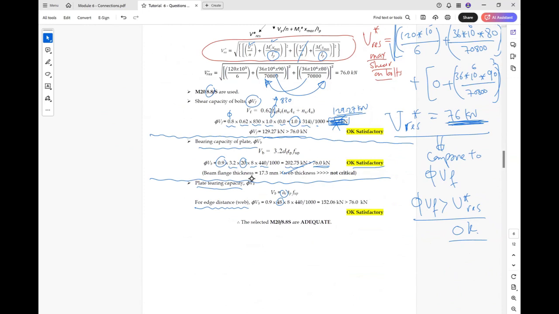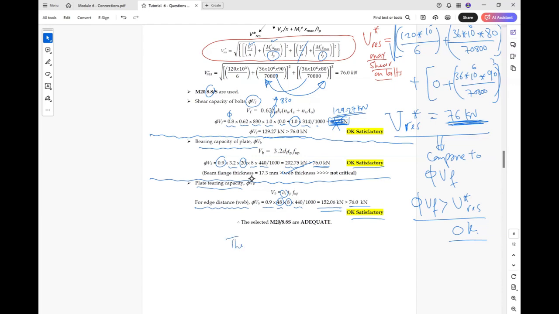So phi VF tearing would be 0.9 times 48 times TB, the blade thickness, times 440, the FUB. It gives us the value of 152 kilonewton for the tearing capacity of the blade, more than the applied force 76, so it is okay.